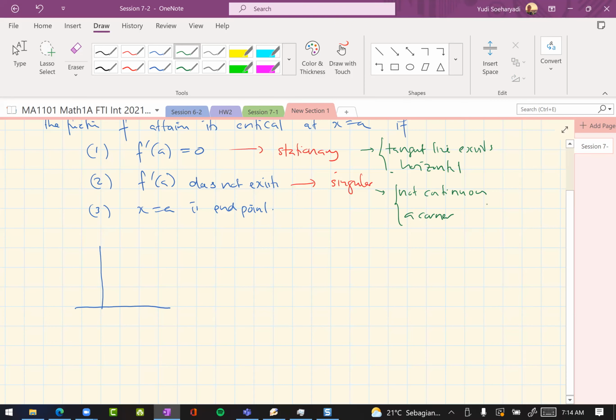Okay. So in stationary, this is the case. There we go. Or something that looks like this, or there. Because if you think about the tangent here, there, or there, it is a horizontal tangent.